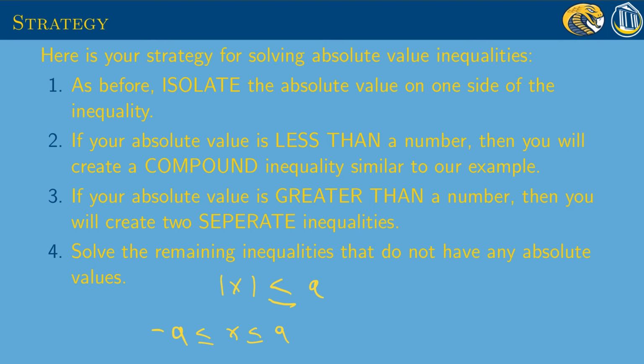On the other hand, if our absolute value is greater than or equal to some quantity b, we'll have two separate inequalities. x is greater than or equal to b, and x is less than or equal to -b. And finally, we will solve all of these remaining inequalities that no longer have an absolute value in them.